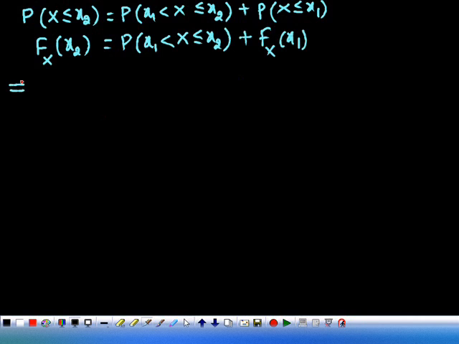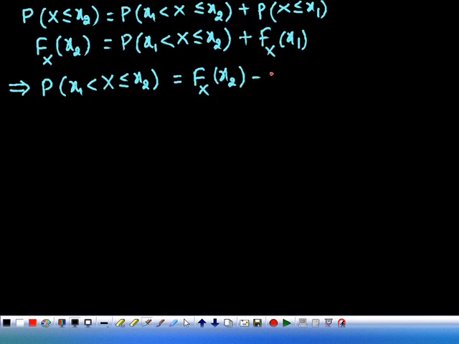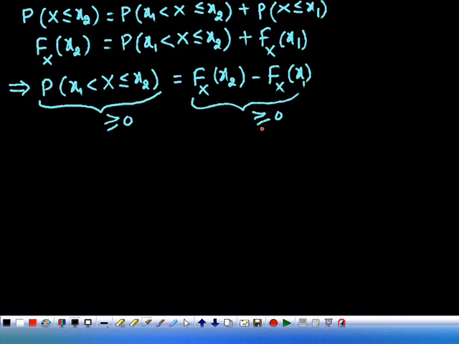So this implies probability of x1 less than x less than or equivalent to x2 is equivalent to Fx of x2 minus Fx of x1. But if you observe this, what is this quantity? What this indicates? It is the probability of a particular event. The probability of an event must be greater than or equal to 0, so therefore this must also be greater than or equal to 0.